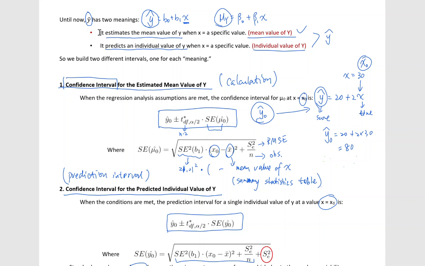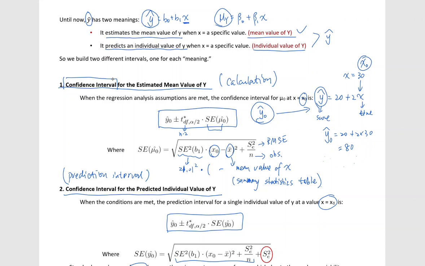So the y hat has two meanings. The first one, it estimates the mean value of y when x has a specific value. And also this y hat predicts an individual value of y. But both of these two are pointing to this y hat. Based on these two different meanings of y hat, we can get two kinds of intervals.